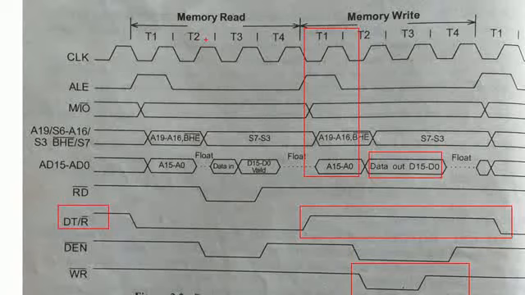As I said in the previous video, first it places the address on the address bus, generates the read signal, and the memory device places the data on the data bus, so that the microprocessor can read the information. And when the microprocessor would like to perform the write operation, first it places the address on the address bus. After some period, it places the data on the data bus and generates the write signal. Okay. Now, these are the steps followed by the microprocessor.